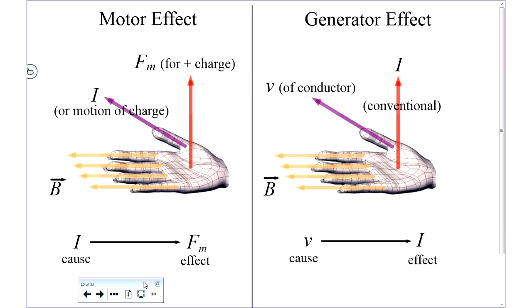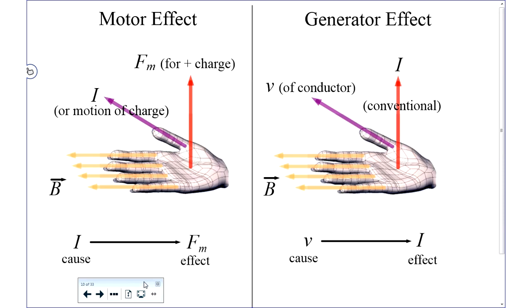Well, it's not really that you have two separate rules. In the motor effect, the cause is the current, which is your thumb. The effect is the force, which is your palm. In the generator effect, the cause is the motion, which is your thumb. The effect is your palm, which is the current.